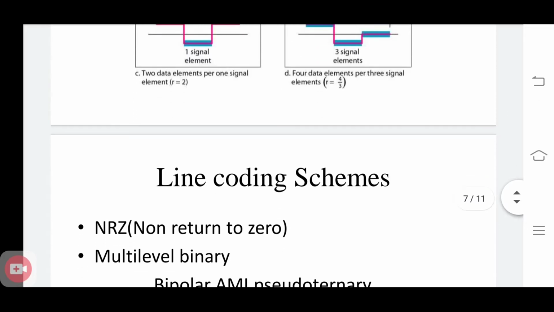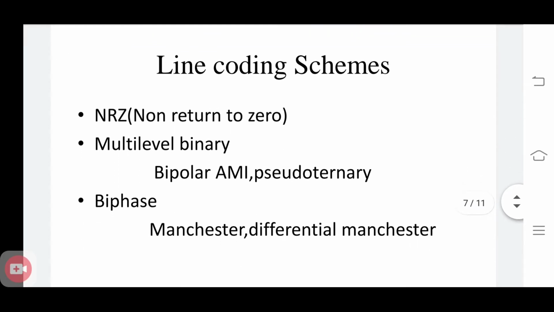Okay, next we can move on to the line coding or encoding schemes. In your syllabus you can study the line coding schemes such as the non-return to zero NRZ encoding mechanism. Next we have the multi-level binary mechanism, in which you have to study bipolar AMI and pseudo-ternary. And the third case is the biphase mechanism, in which you can study Manchester encoding as well as differential Manchester encoding.